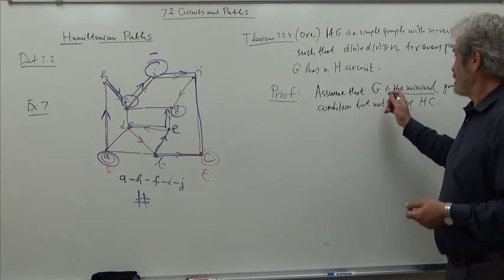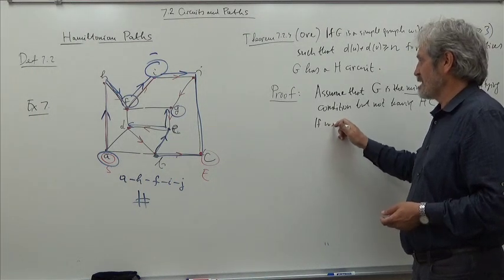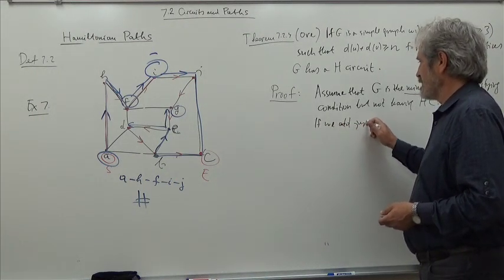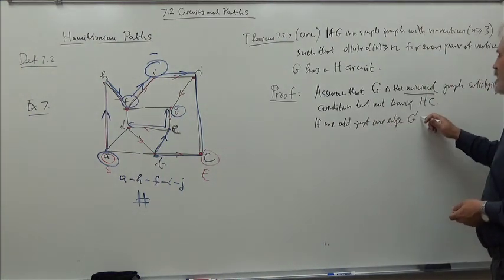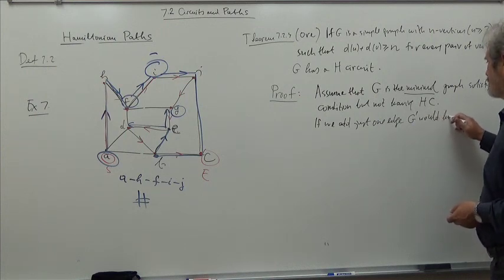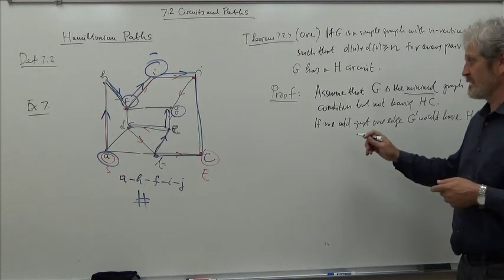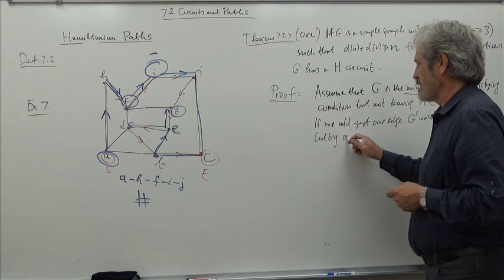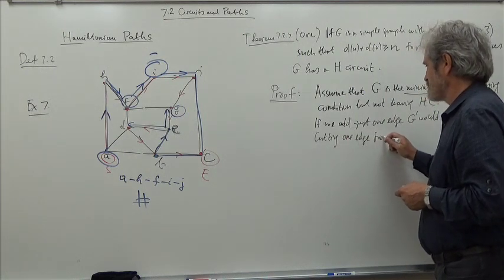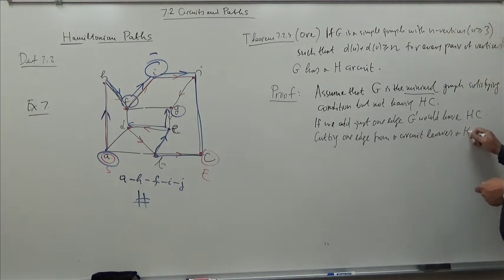And then what? So if this one doesn't have a Hamiltonian circuit, that means if we add just one edge, G prime would have a Hamiltonian circuit. But now we go backwards, we cut that edge, and there is a theorem that we proved in the first part of the lecture, where cutting one edge from a circuit leaves a Hamiltonian path.